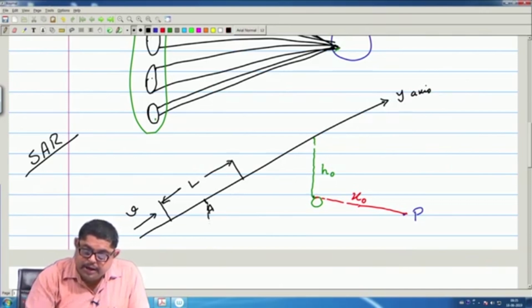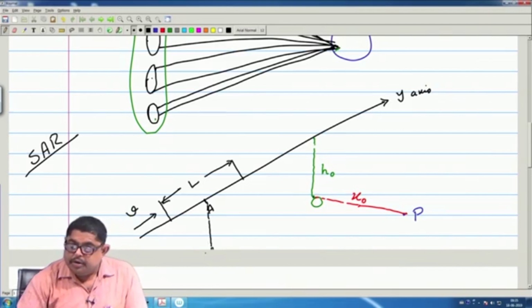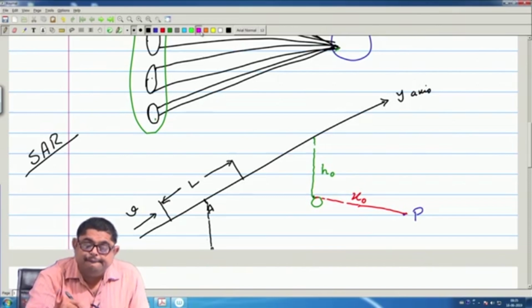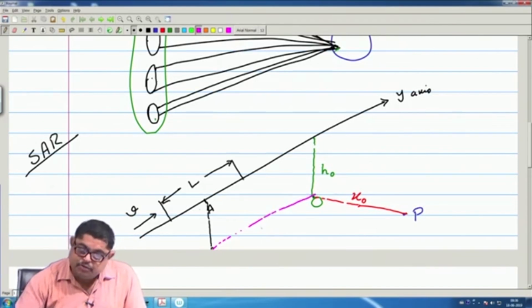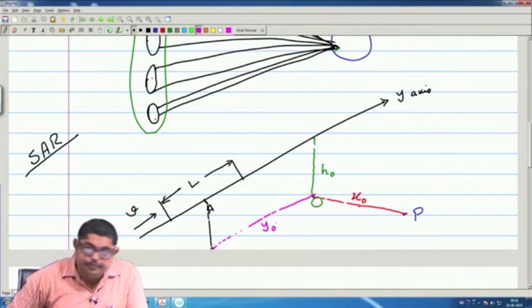point A, if it is also projected, this will be parallel to this point, because all these are at a constant height. So, along y axis, A's coordinate, this distance is y naught.